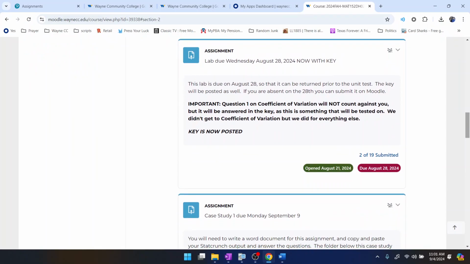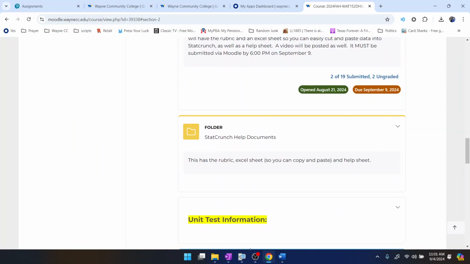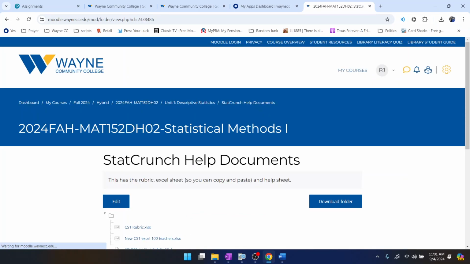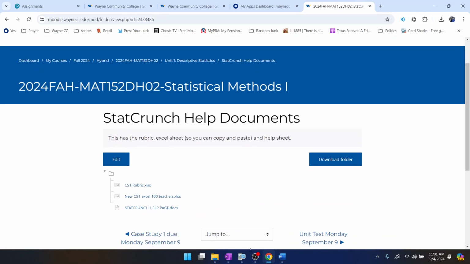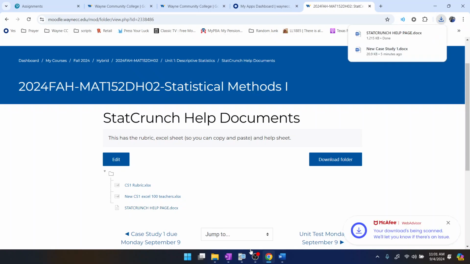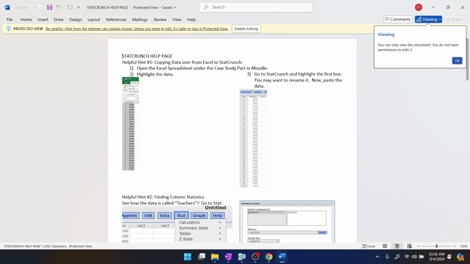So, here's what I want to do. I want to go to the StatCrunch help documents and pull up the StatCrunch help page. That will help you ultimately with question number 12.